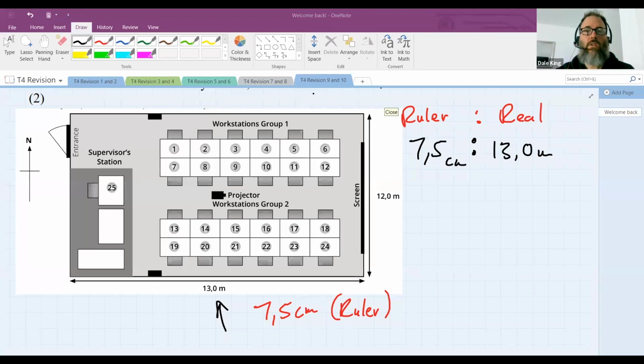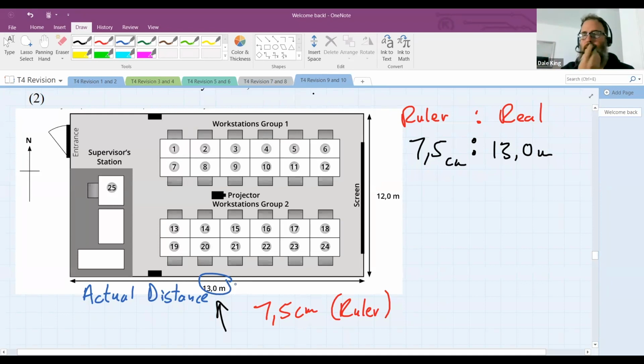Yes, the real one, and the question said the actual distance. So I'm going to write it here in blue. They said use the actual distance or length of this room, which is 13 meters. Okay.